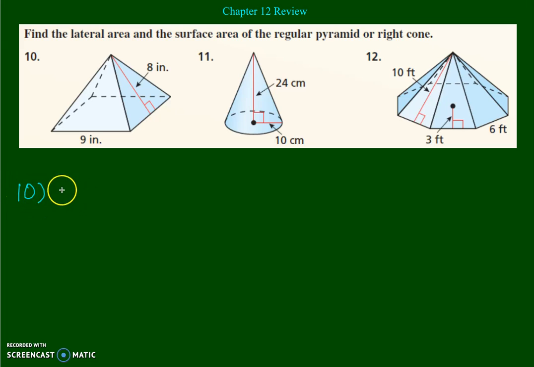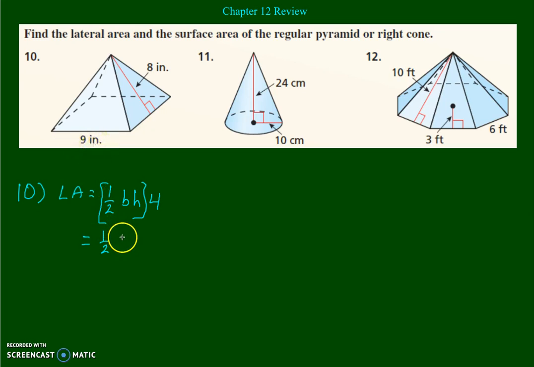For problem 10, lateral area is going to be the area of one of these triangles times 4. So that's going to be 1/2 little b, which is length of the base, times height. And this whole thing times 4, because there's 4 lateral faces. That gives us 1/2.